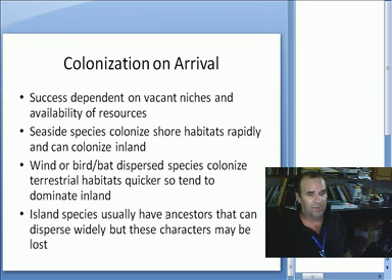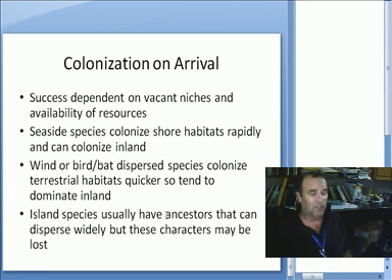This is usually the case, so that most island species have ancestors that can disperse widely, but in specializing to life on this island, these dispersal characters may actually be lost. It may actually be of negative value, or it may hinder the survival of the species to be able to disperse well.